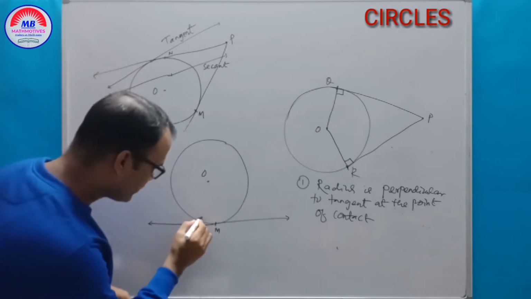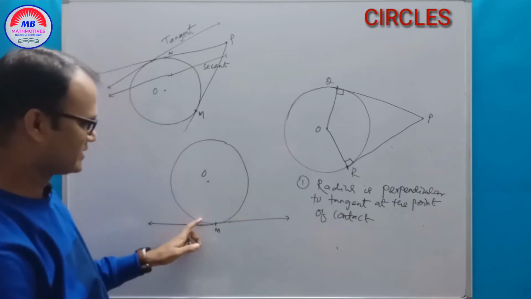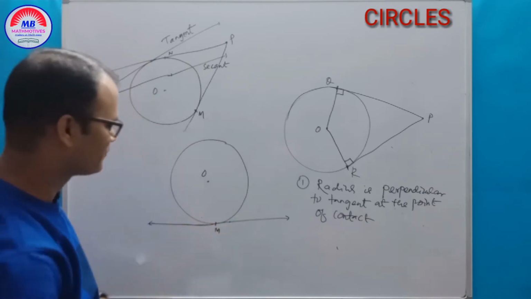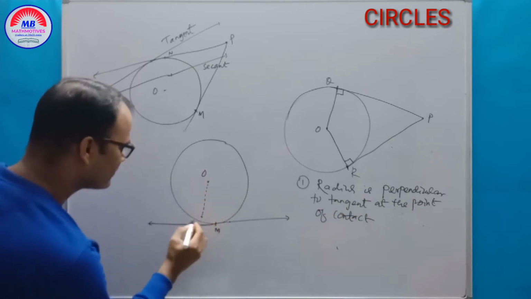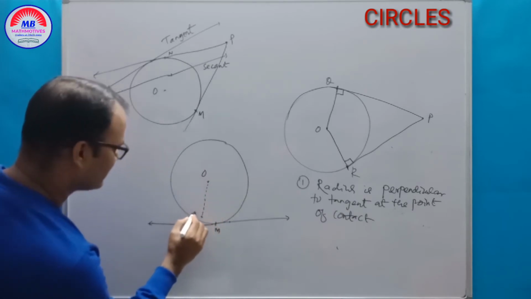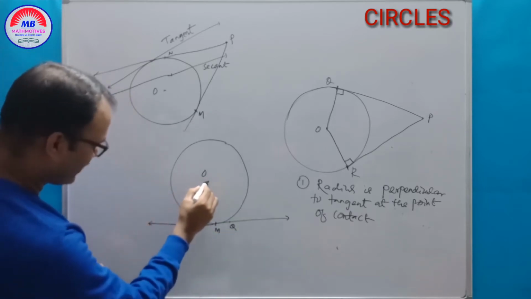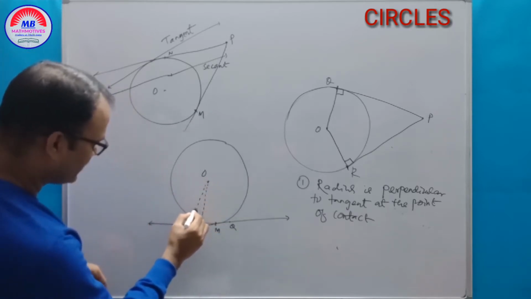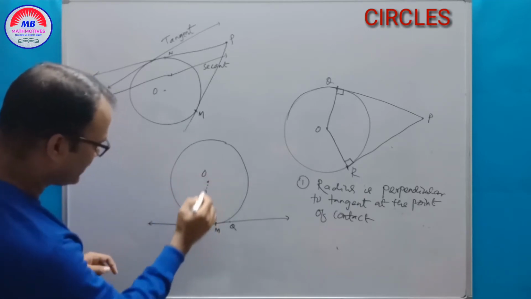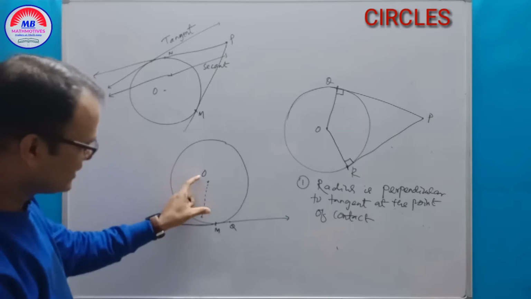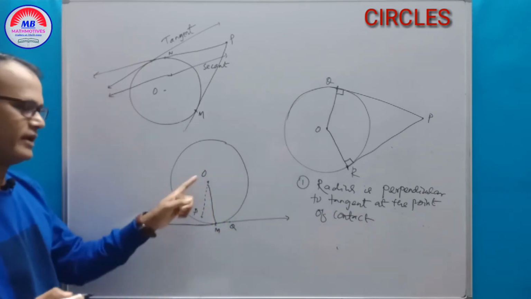If we take a point P here and another point Q here, one is inside and one is outside. If we join, OP will be smaller than the radius.